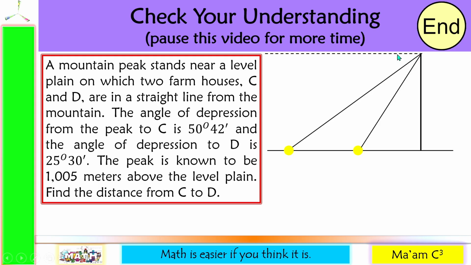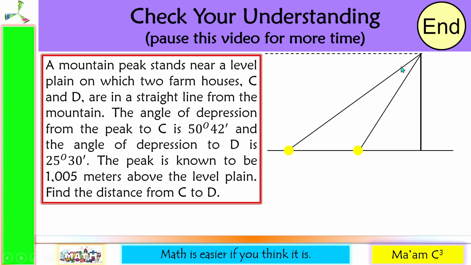Next, let us analyze which one is 50 degrees 42 minutes and 25 degrees 30 minutes. From this horizontal line up to this one, that is much smaller in measure than from the horizontal line up to this line of sight.